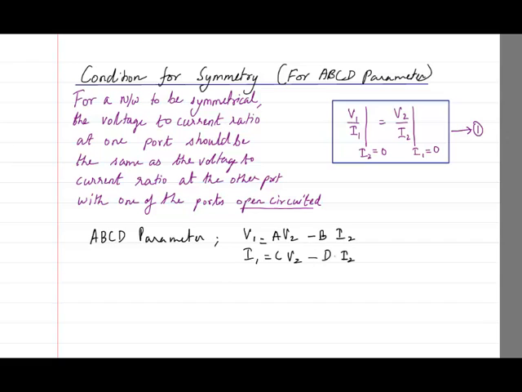Correct? So this is equation number 2A and this is my equation number 2B.